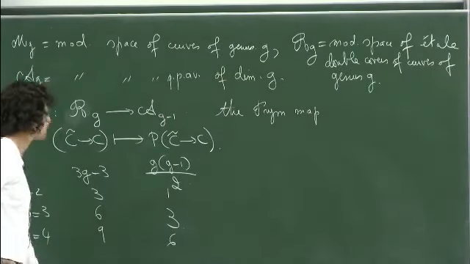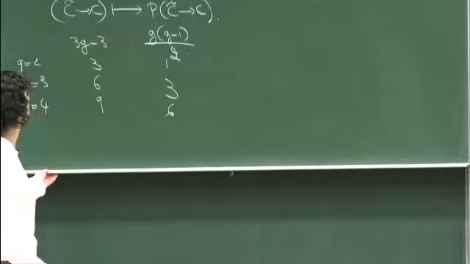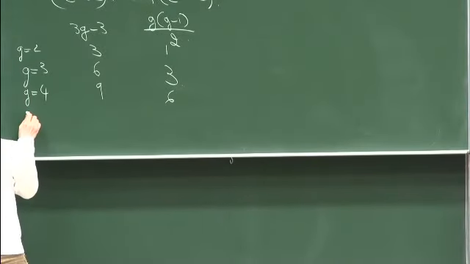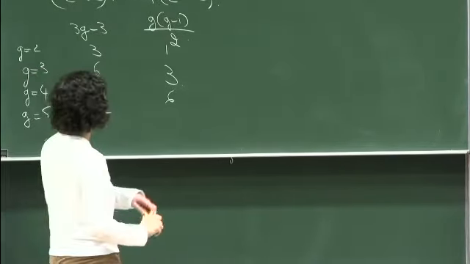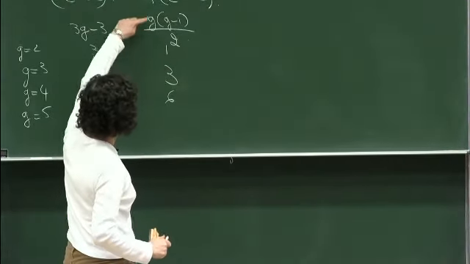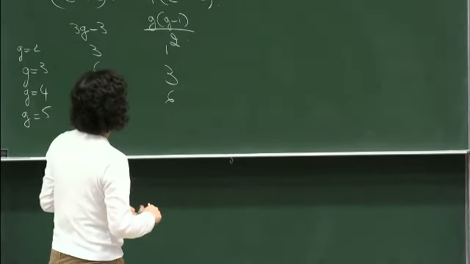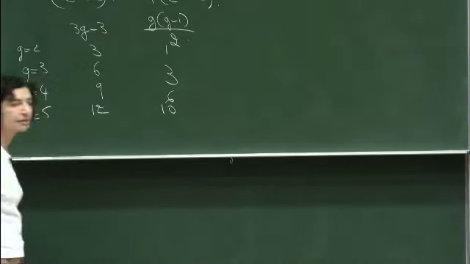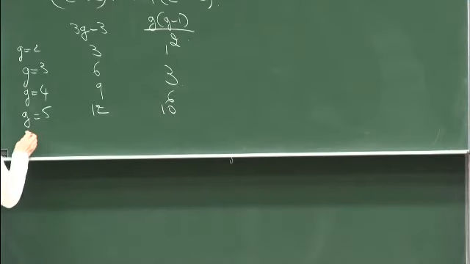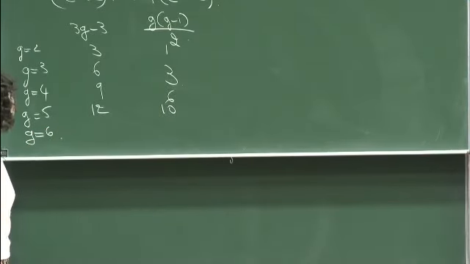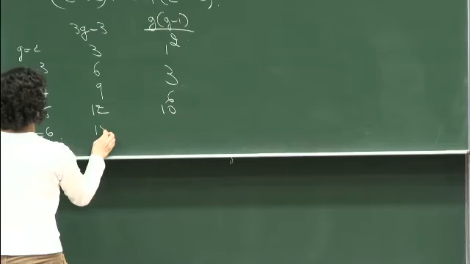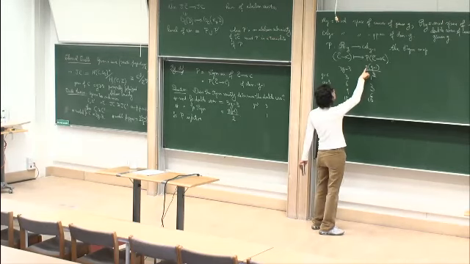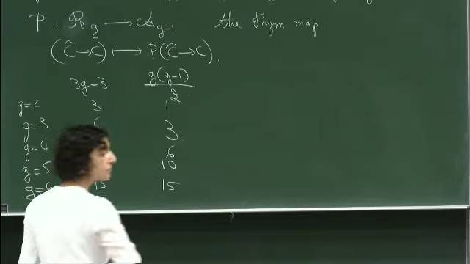It's again not possible. Doesn't look very good, does it? So g equals 5, I get 12, and here I would get 10. Looks a little bit better. G equals 6, then what do we have here? We've got 15, and here we also have 15.